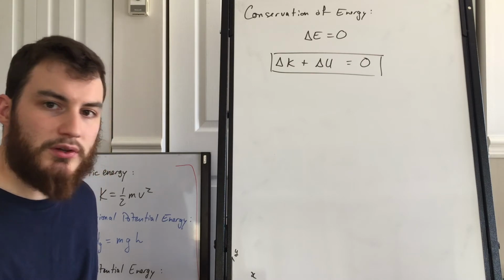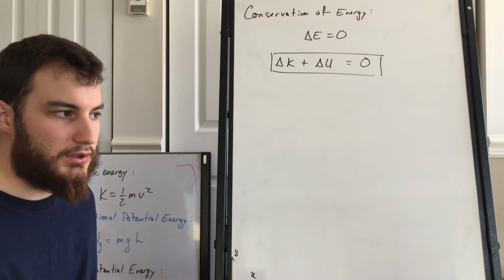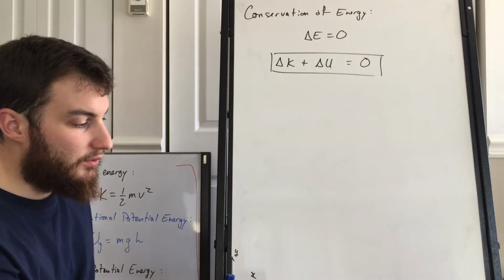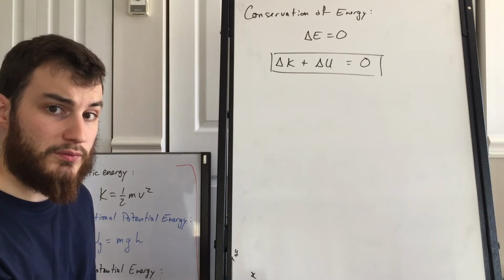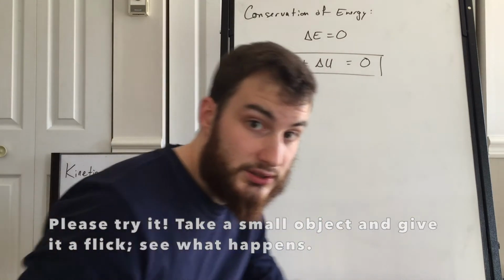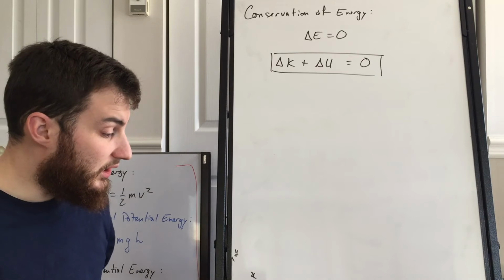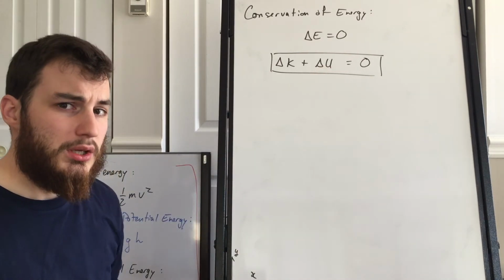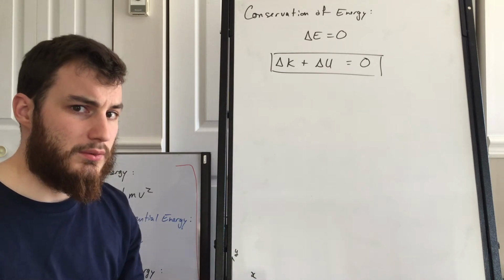As soon as it leaves my finger, it's not under the influence of my finger anymore. Its displacement is horizontal, and it only has one force acting horizontally, that's the friction force. It slows down. It lost energy. It stayed at the same height. Its change in potential energy was 0, but its kinetic energy went down to 0.